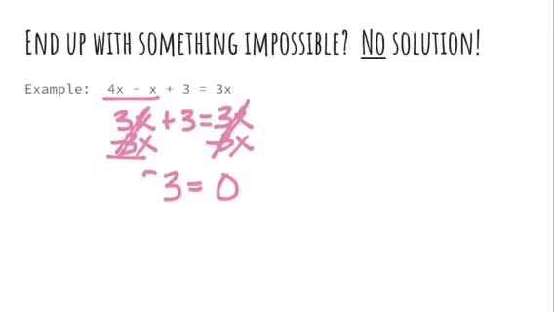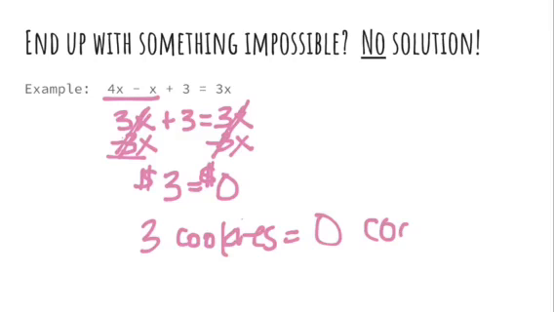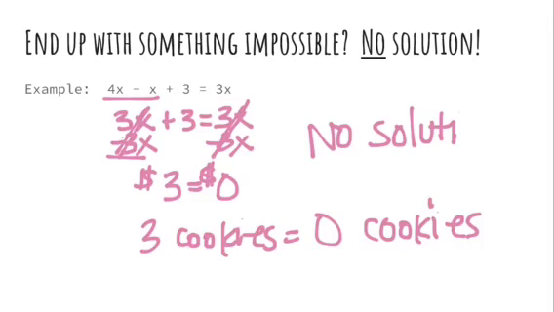How often does $3 equal $0? Or 3 cookies equals 0 cookies? Never. That is impossible. In this case, there is no solution that makes this equation true.